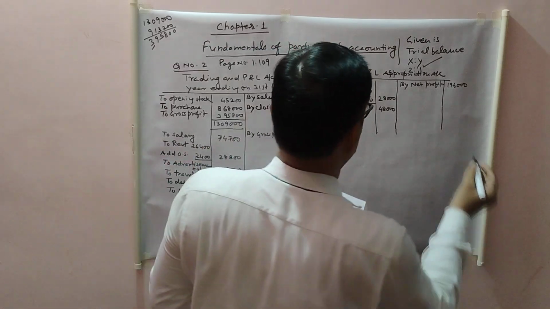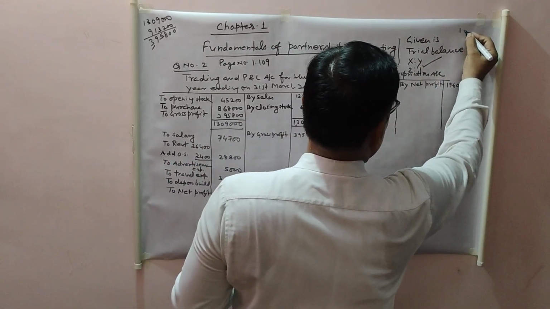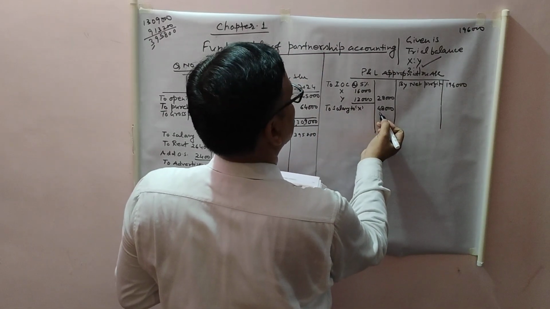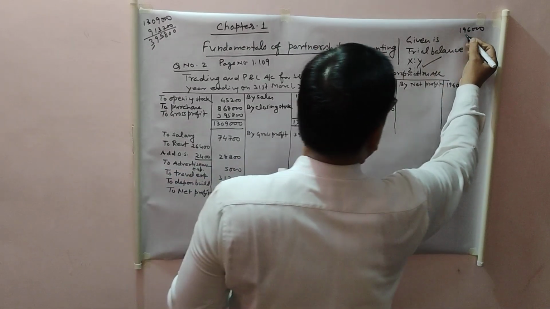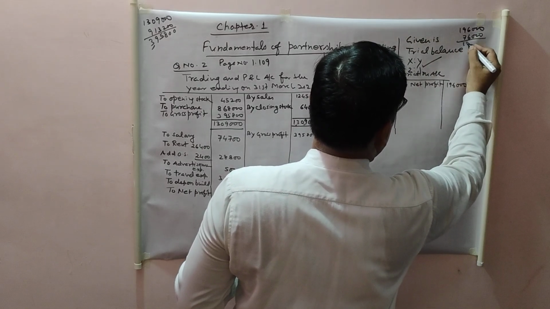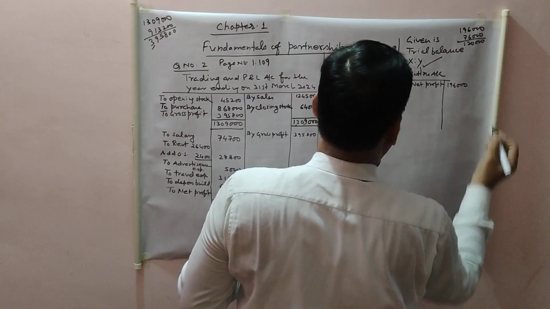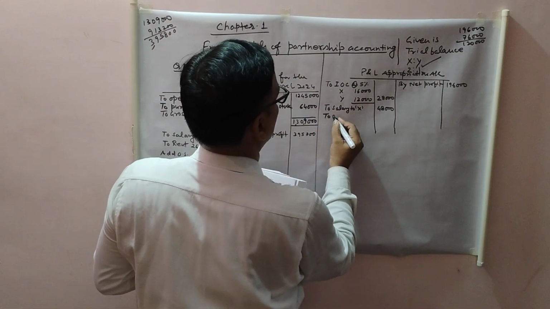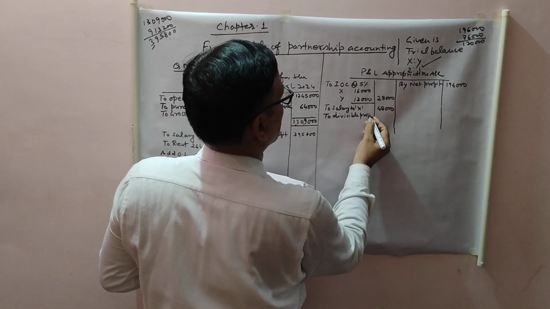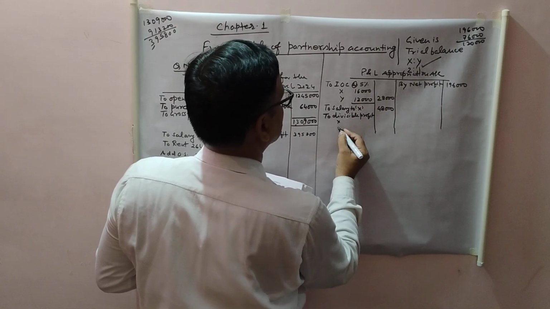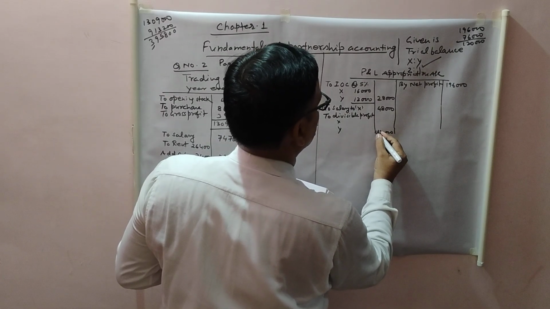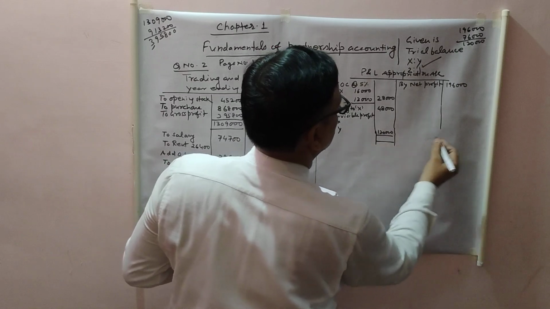So let us deduct 1,96,000 minus 76,000. That is 1,20,000. So, divisible profit of X and Y will be 1,20,000.